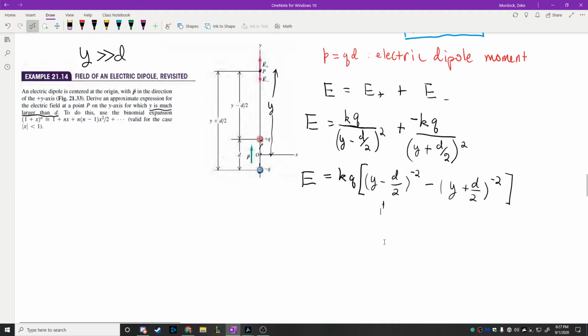All right. So we're going to have to do some things to pull the right answer out of this. We have this relationship that tells us that (1 + x)^n is approximately equal to 1 + nx, using just the first two terms, if the absolute value of x is much less than 1.